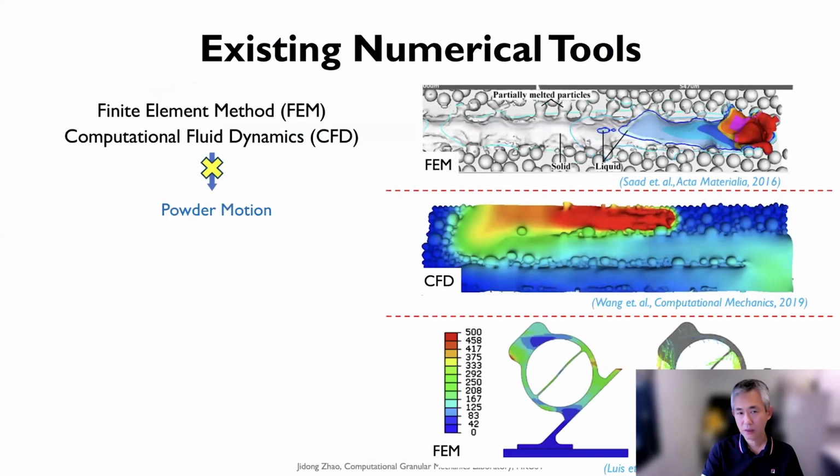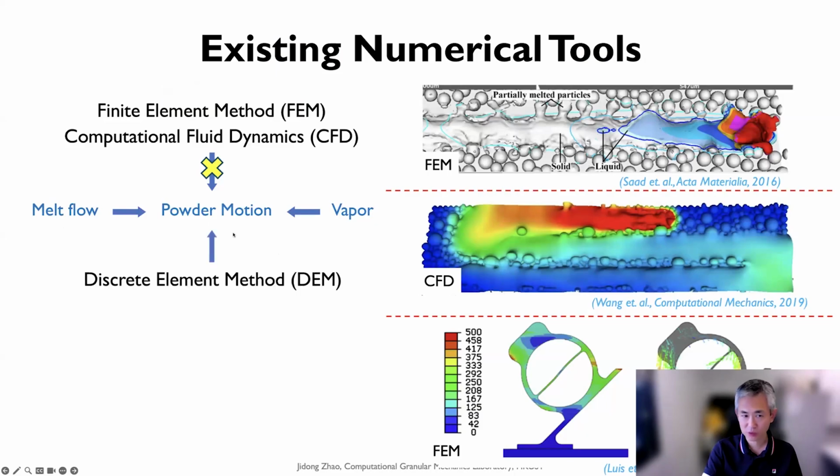Okay, and so what did the existing method do? Basically, the existing method involves using finite element method or CFD for that purpose. Those are the published results that are available. Even one published in, I think, Science. And basically, they cannot really account for all the things, including powder motion and how the vapor and melt flow affect powder motion here.